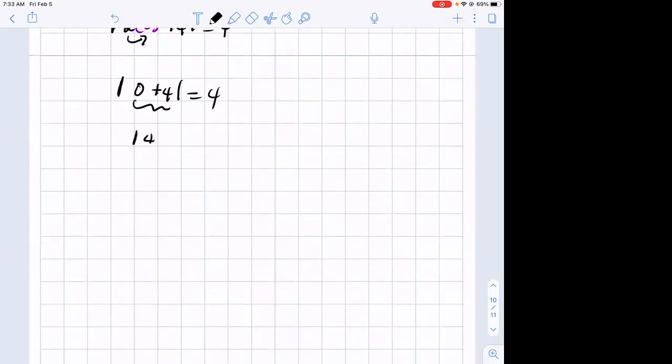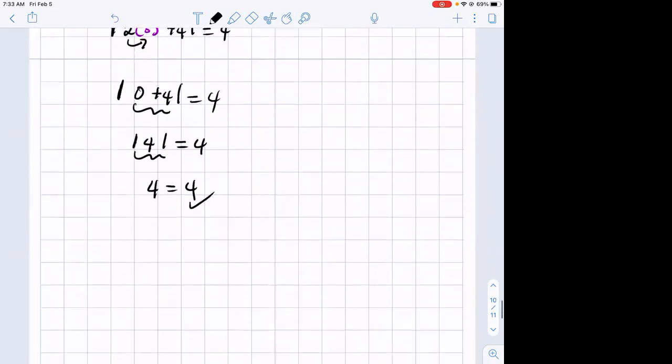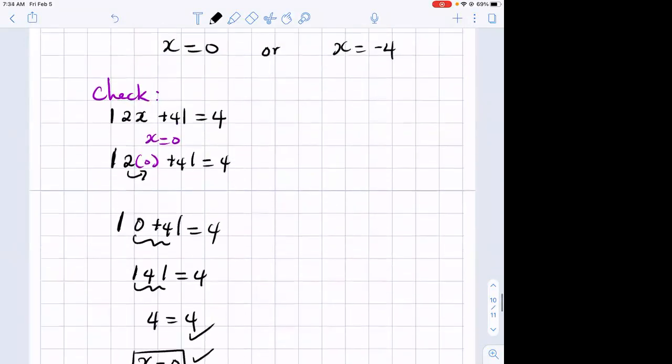So we have the absolute value of 4, and the absolute value of 4 is 4, so 4 equals 4, that checks. So we know that x equals 0 is a solution.